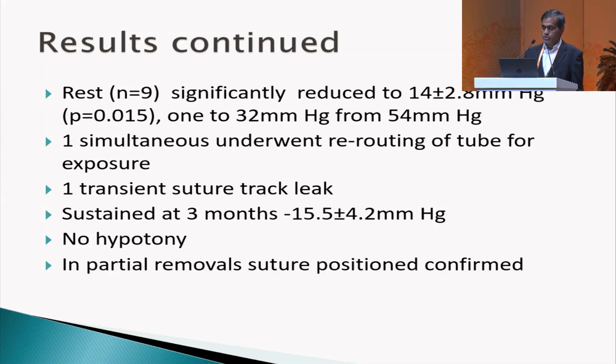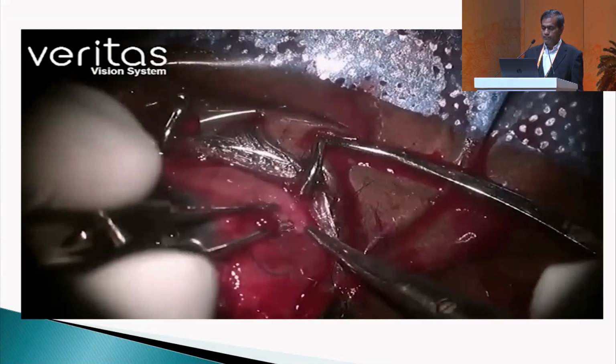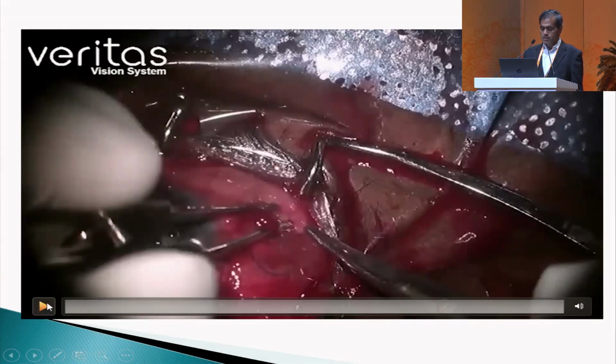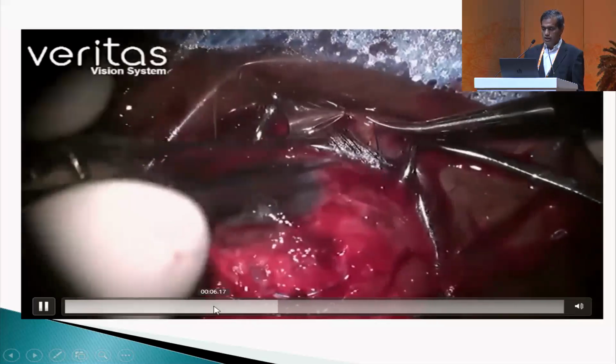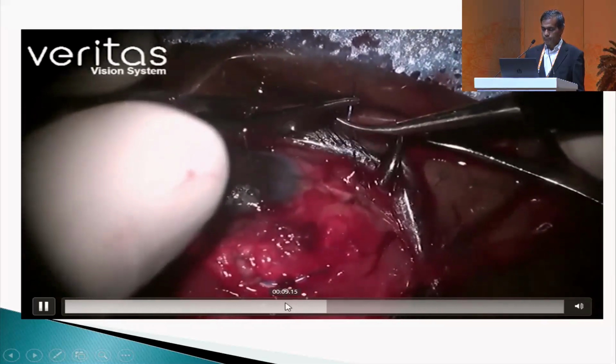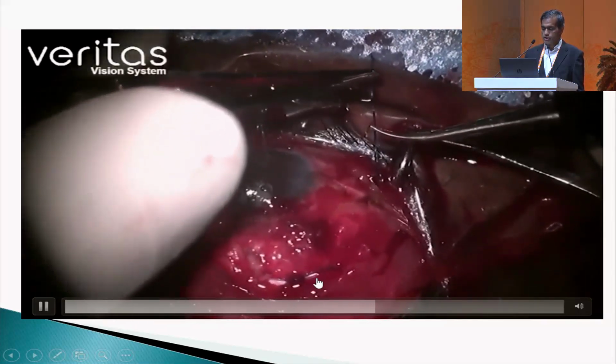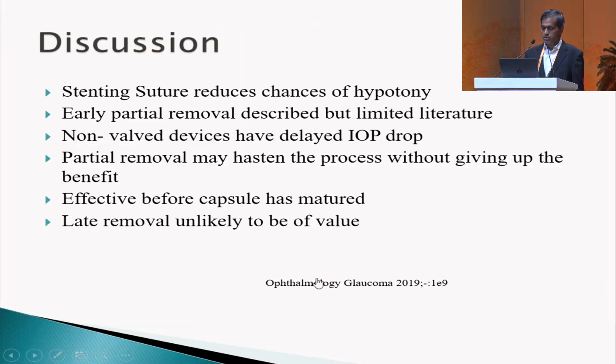This was the patient who underwent rerouting, pars plana rerouting, for exposure. 1 had a transient suture leak, and in partial removal, the suture position was confirmed. So this was the patient who underwent rerouting along with partial suture withdrawal, and you can see that the suture has come just past the ligature.